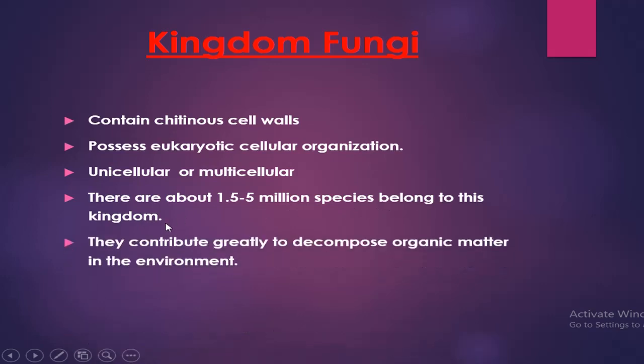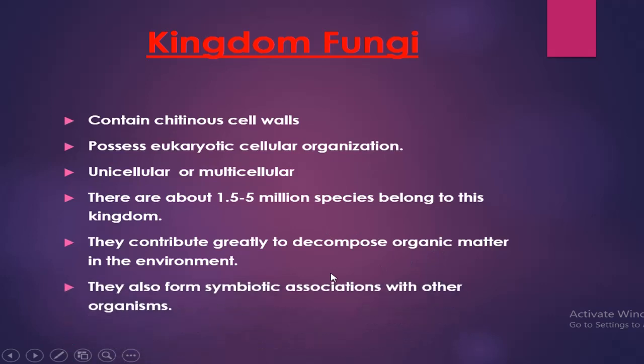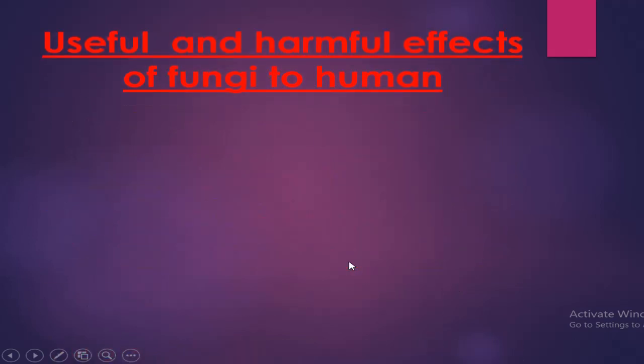They contribute greatly to decomposing organic matter in the environment. They also form symbiotic associations with other organisms. Now we have learned the features of kingdom Fungi. Then we will learn about useful and harmful effects of fungi to humans.